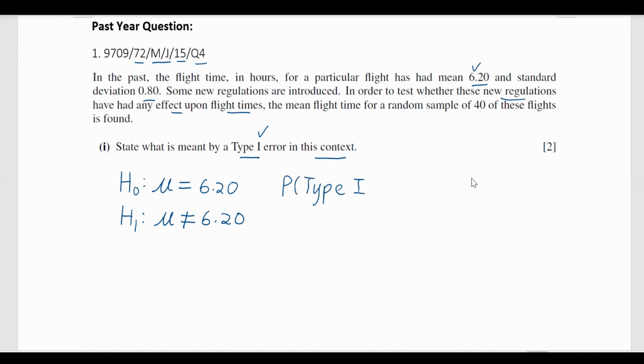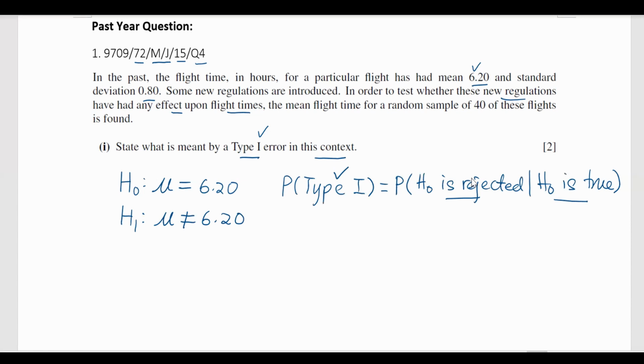Let me write down the definition at the side. Type 1 error means that H null is rejected when H null is true. The H null is a correct value, but you rejected it, so you have made an incorrect decision. This error is what we call type 1 error.